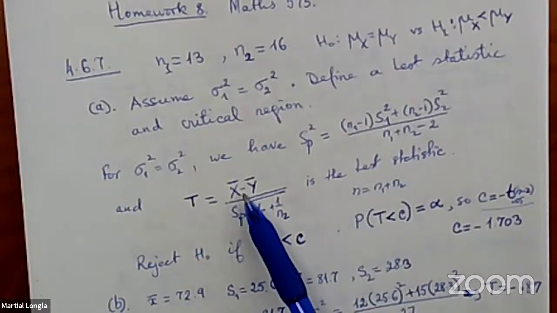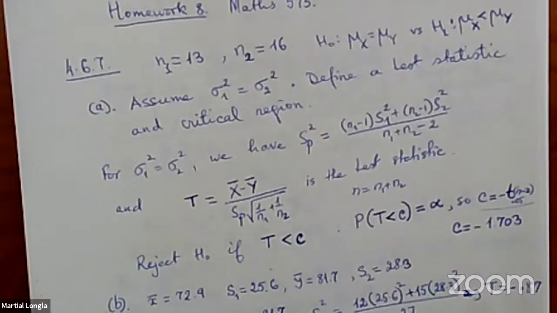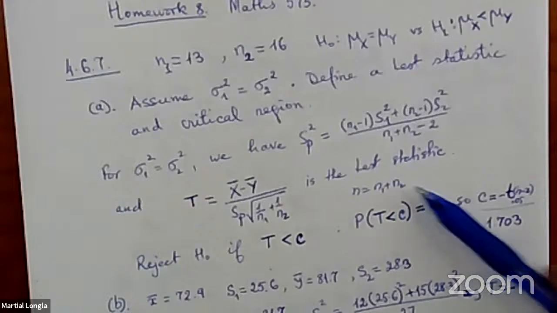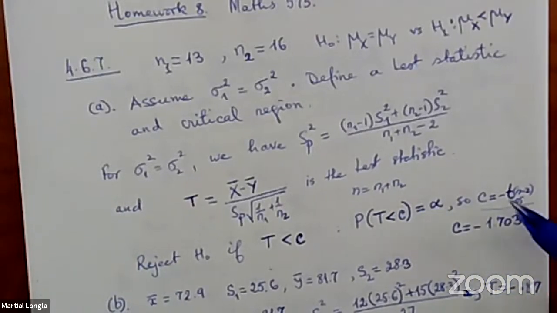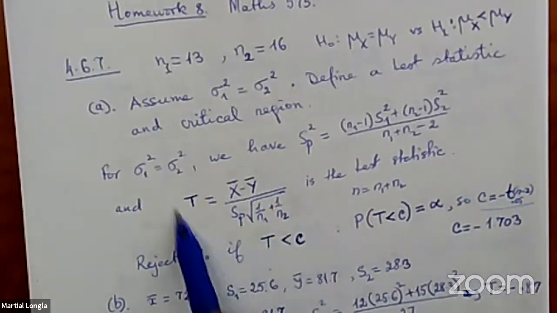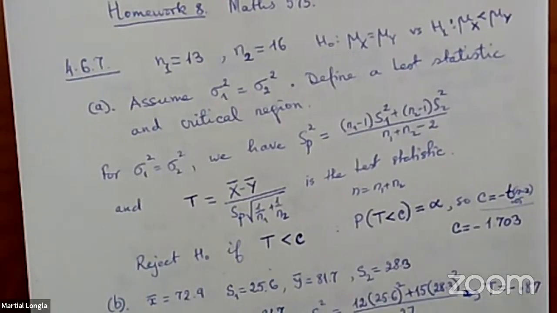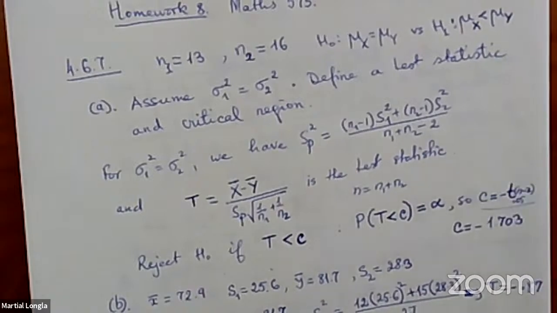Therefore, you get x bar minus y bar over SP square root of 1 over n1 plus 1 over n2. So this is the test statistic. And if we call n equal n1 plus n2, then the degrees of freedom of this random variable is n minus 2, which is the n1 plus n2 minus 2 that you have down there.